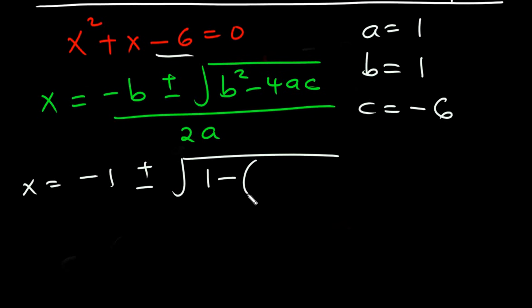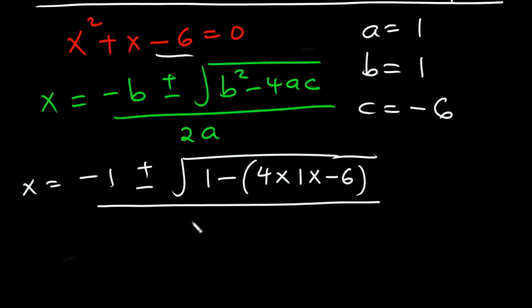So we have 4 times a, which is 1, times c, which is negative 6. Then all this is divided by 2a, a is 1, so we are dividing by 2.